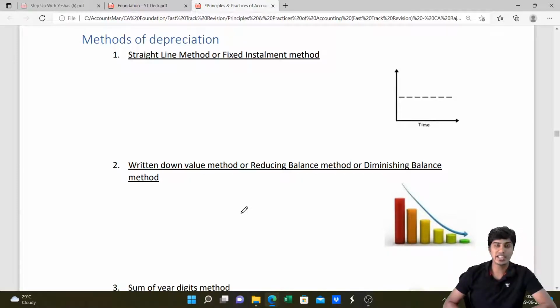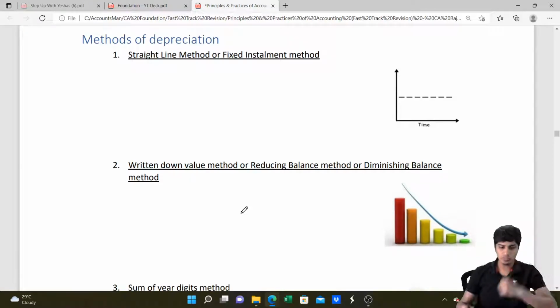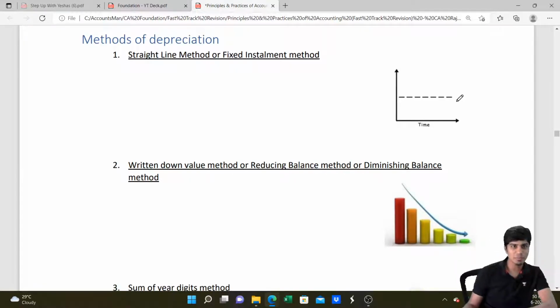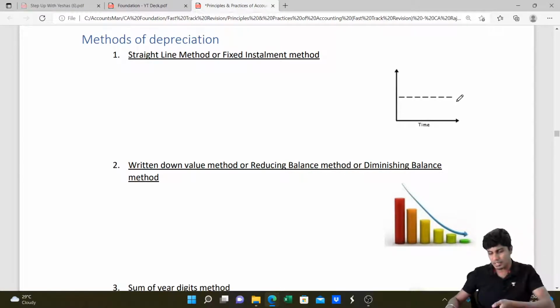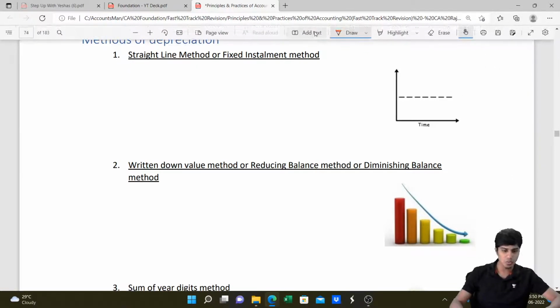First one is the straight line method or fixed installment method. Under this method, the amount of depreciation is constant. Like you see here, every year the depreciation is the same. It doesn't change. Under this method, the assumption is that the usage of the asset over its useful life is constant. The asset is used in the same pattern throughout its useful life, and that is the reason we depreciate the asset with the same value over its useful life.